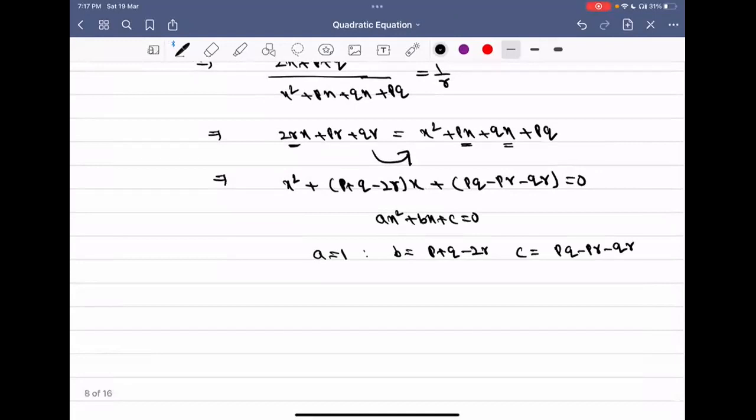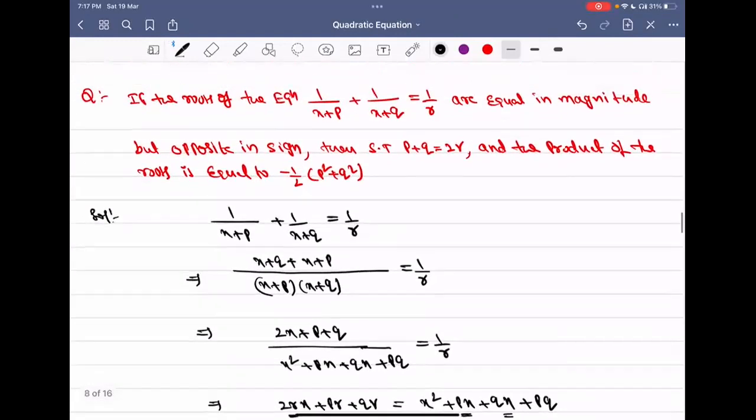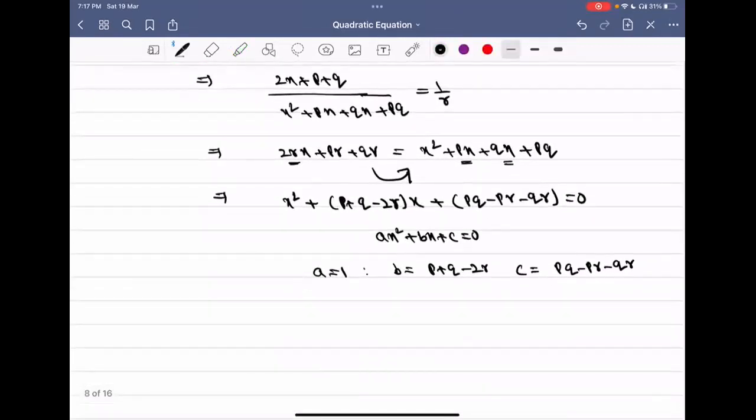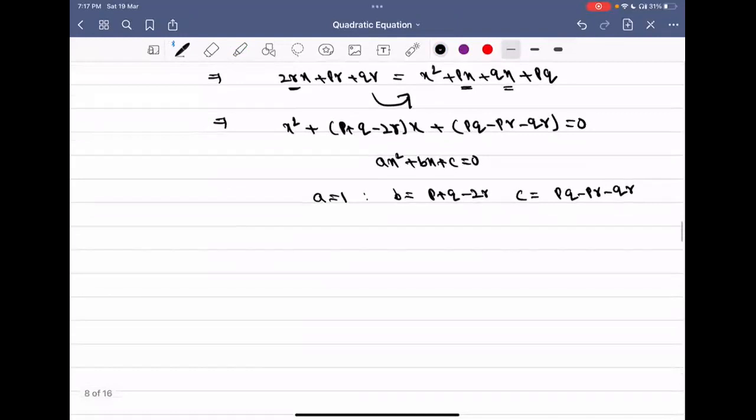Now in the question it is given that the roots are equal in magnitude but opposite in sign. So roots are equal in magnitude but opposite in sign means if one root is alpha, then the other root must be minus alpha.